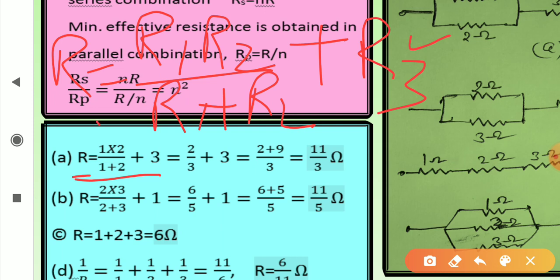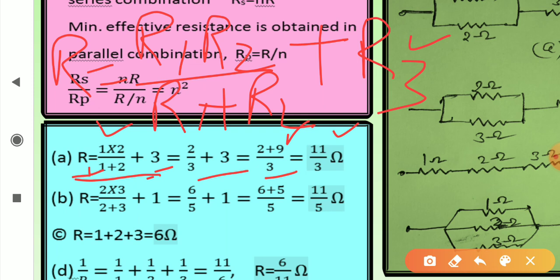So 1 into 2 upon 1 plus 2, plus सीरीज वाला 3 आ गया. So what do you get? 2 upon 3 plus 3. Take 3 as LCM. You'll get 2 plus 9, and that is 11 upon 3. ठीक है, तो आप अलग अलग स्टेप में करते, फिर रेसिप्रोकल करते, फिर सम करते, बहुत लंबा प्रोसेस हो जाता है. You have to learn to simplify things. आप आसान बनाना सीखिए काम को.